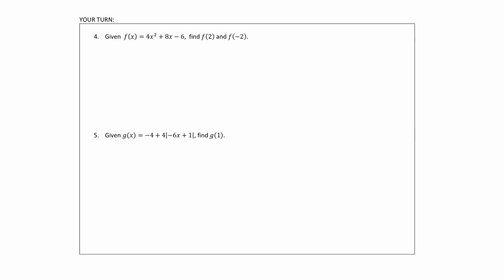So you can use different letters here. They generally stick around the alphabet around f, so they use F, G, H, and K the most, but you can use anything. Okay, so find f of 2, f of negative 2, and then for this problem, you're only finding g of 1. Okay, if you're still kind of lost, then don't pause it. Let's just do them together.